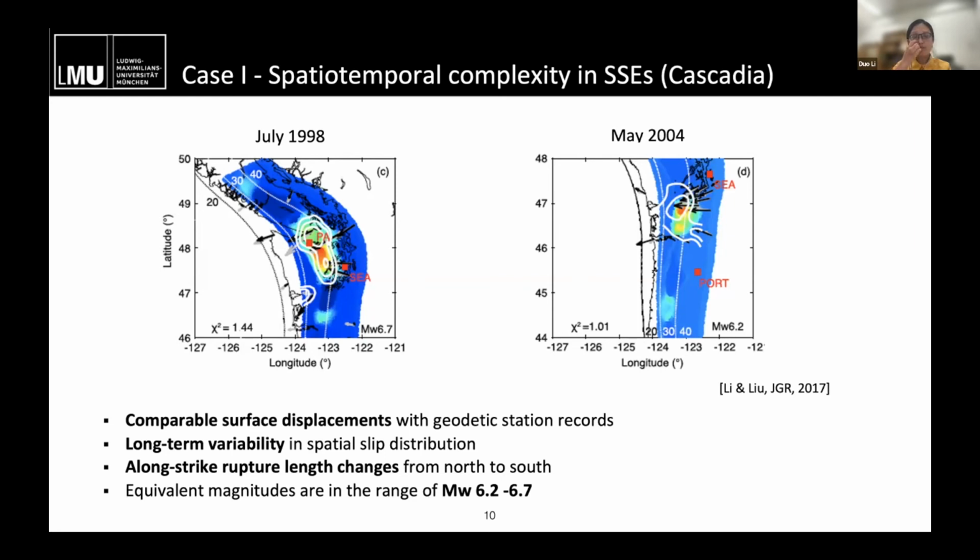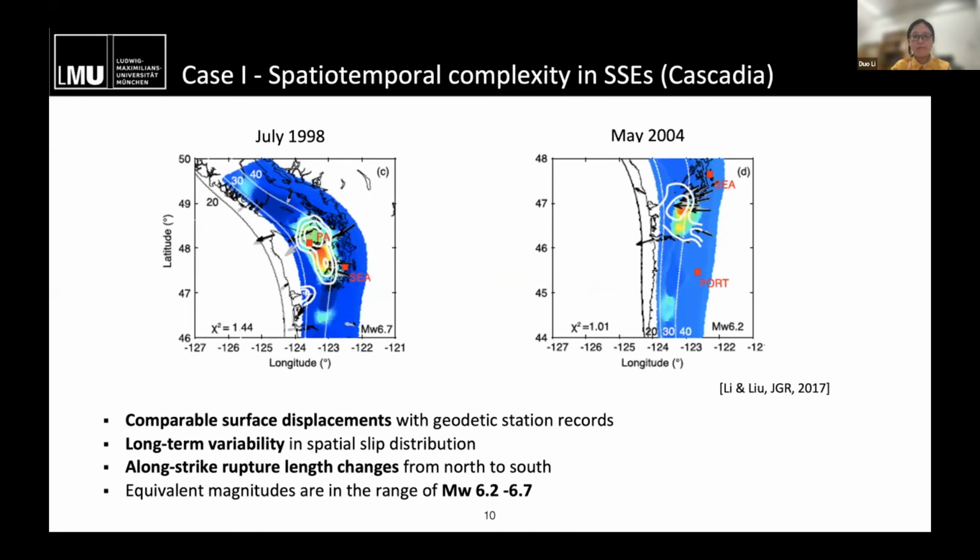So we see the comparison of the surface displacement is quite good, and we also see that most of the northern slow slip events are larger than the events in southern Cascadia. The magnitude difference is shown here. But generally, they are in good agreement with the observations.